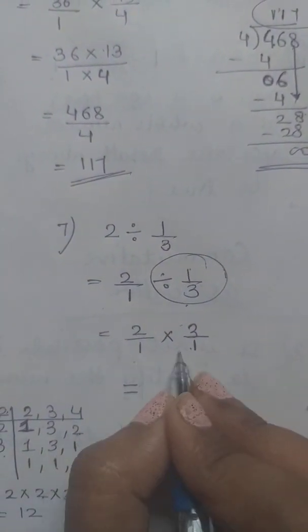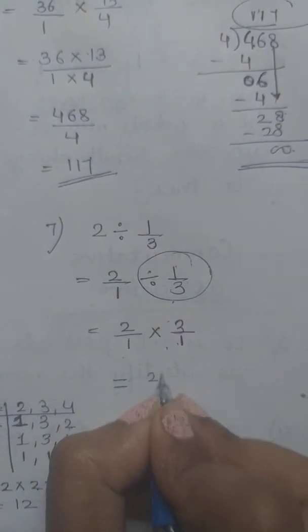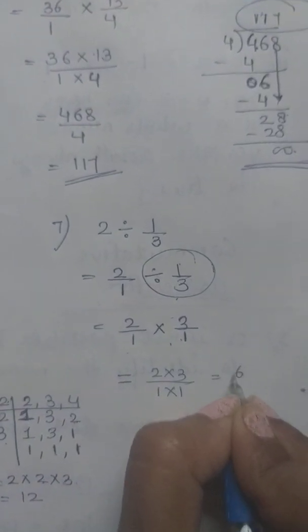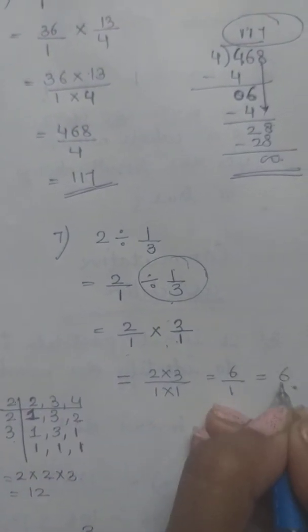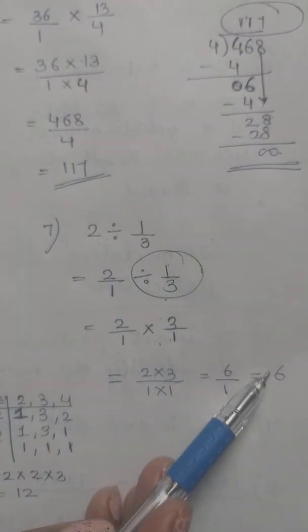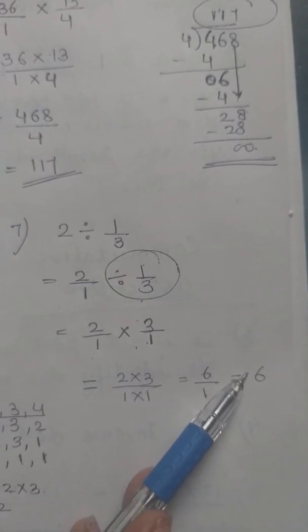Now numerator to numerator, denominator to denominator multiply. 2 multiply by 3 and 1 multiply by 1. 2 3s are 6, 6 by 1, which means 6. When there is 1 in the new denominator, it means the number itself. So you have to do the division part.